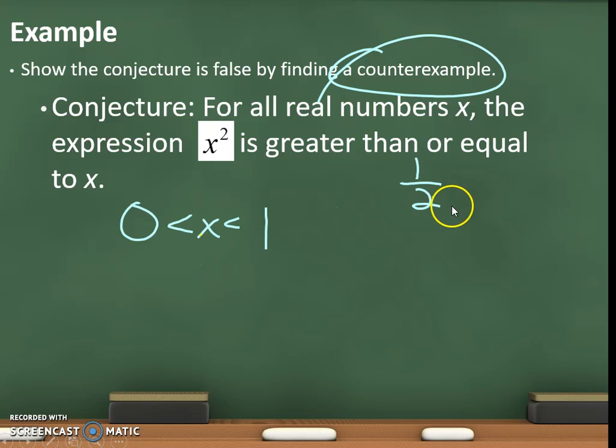So you can give an example like that. If x is between 0 and 1, and if x is 1/2, or a fraction, if you square that, that's not going to be greater than or equal to x. That's going to be less than x. So that's an example, a counterexample.